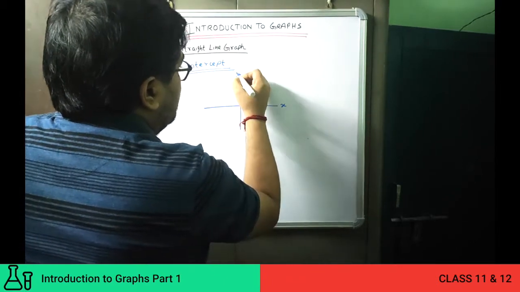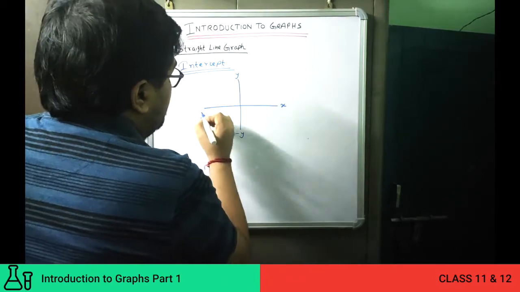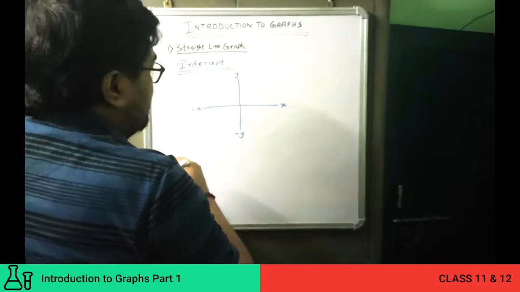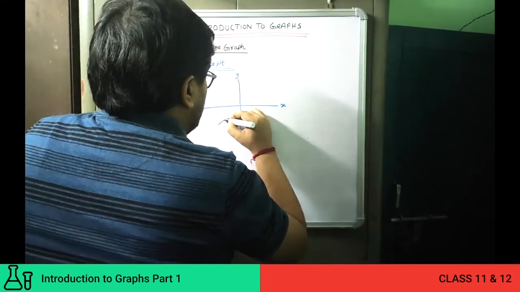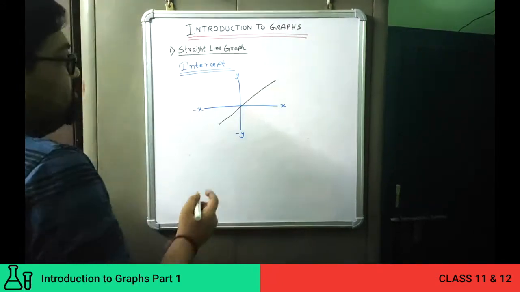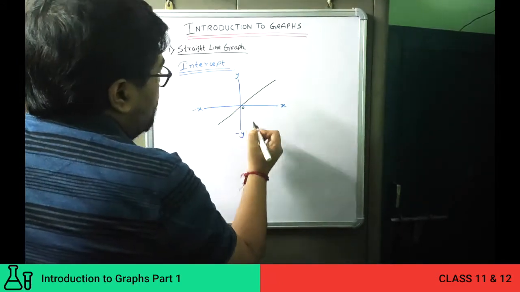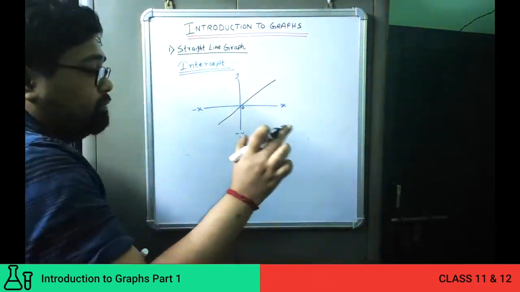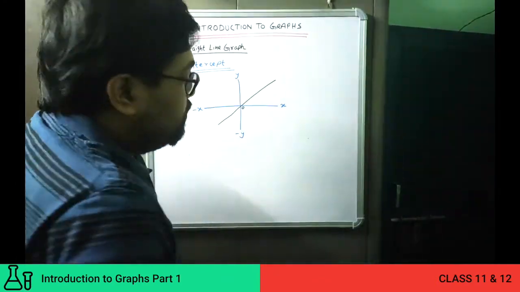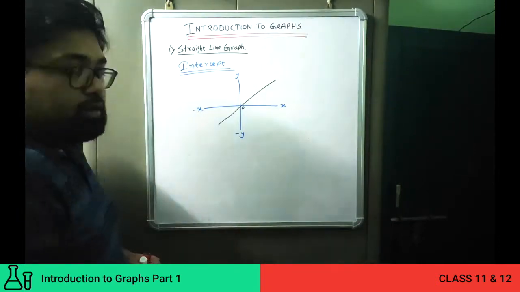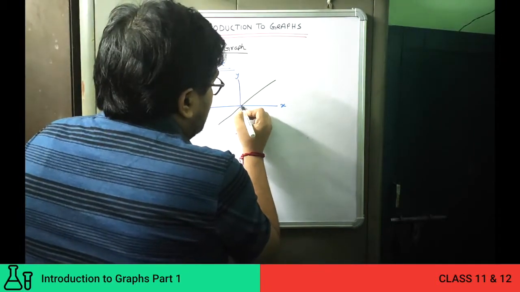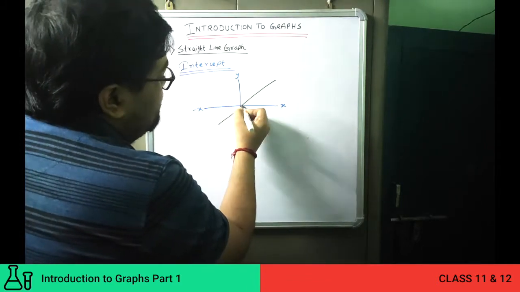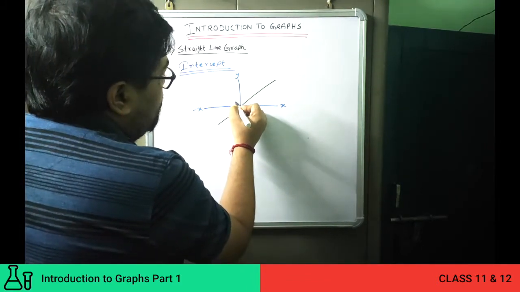Suppose this is the positive x axis, this is y, this is minus y, this is minus x. Now, if a straight line is passing through the origin, this is the origin O, what will be the magnitude of the intercept? You see that this line intersects both the x and y axis at its 0 coordinates.